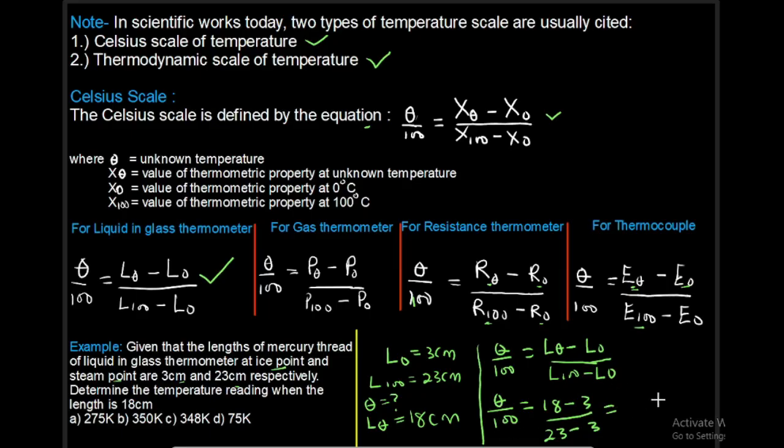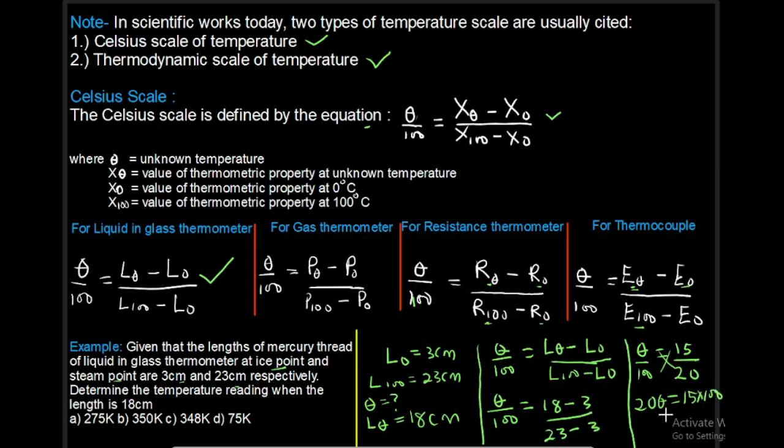We're going to have theta over 100 equals 18 minus 3 being 15 all over 23 minus 3, which is 20. So now we can cross multiply. 20 times theta being 20 theta equals 15 times 100.